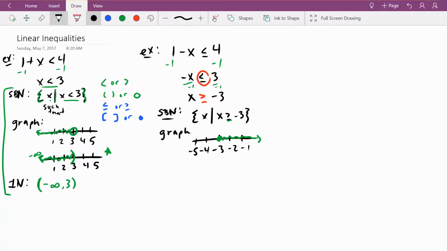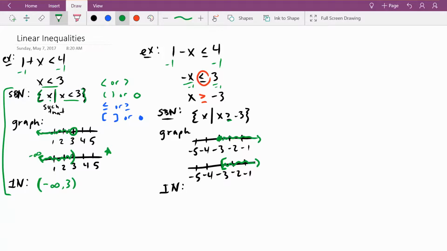But more common in algebra and beyond, we use brackets. Greater or equal to -3, we're doing a bracket on -3, opening to the right because it's shaded to the right. And that helps us because when we go to do interval notation, we're simply mimicking this graph.